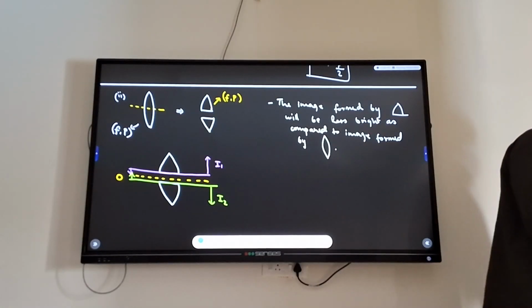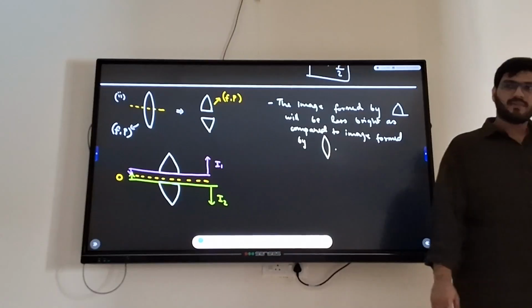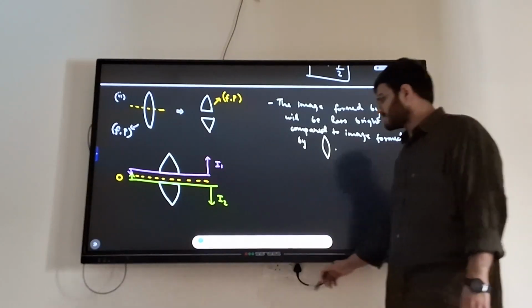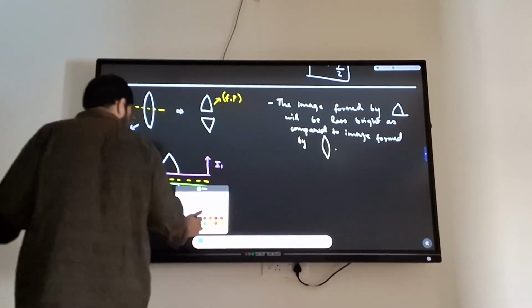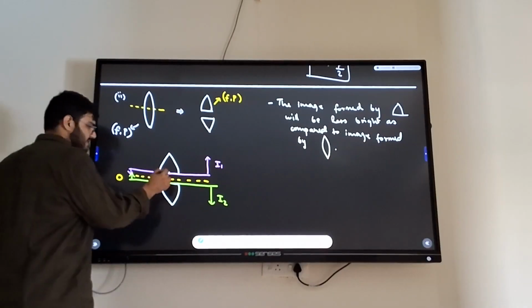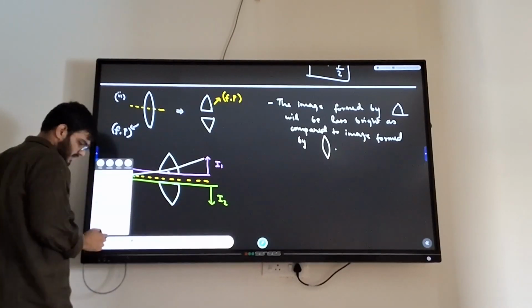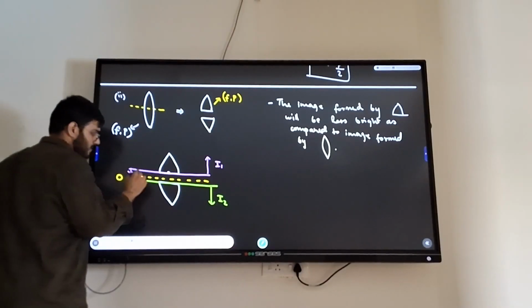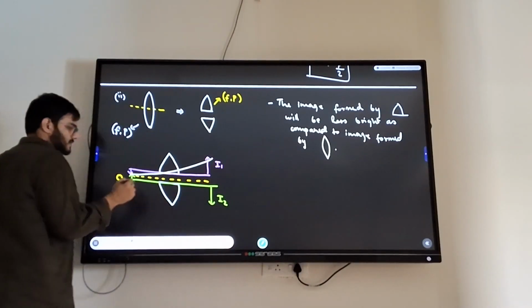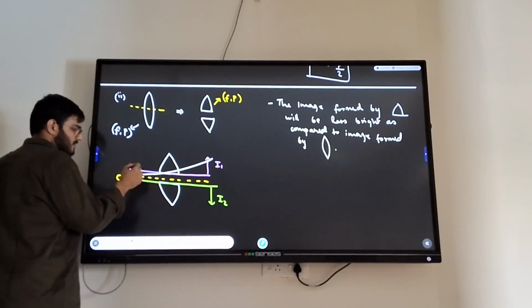Good. Can you tell me the ray diagram for this? This is very simple actually. But let's say this is the pole. One of the rays passes through. The diagram is very hideous. Something like this maybe. And one of the rays will go like this.